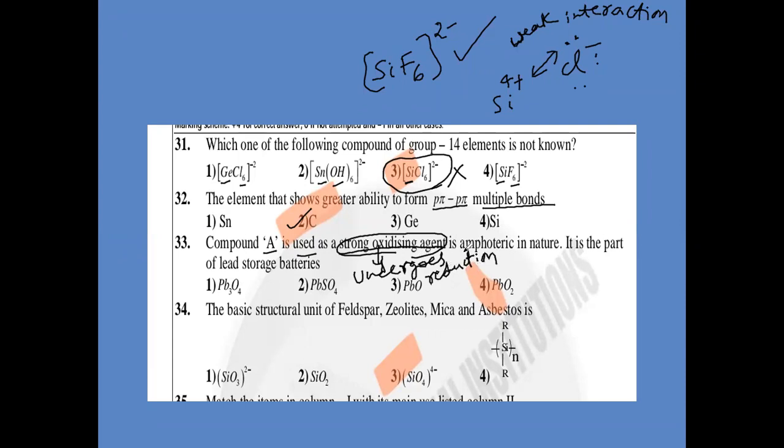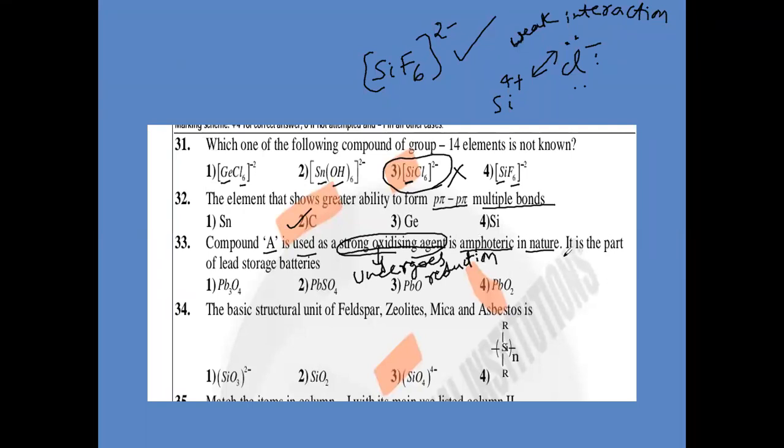They also gave the hint that the compound is amphoteric in nature. Which oxides are amphoteric? I told you, lead oxides and tin oxides. So the compound should undergo reduction and also be amphoteric, meaning it will react with both acids and bases.